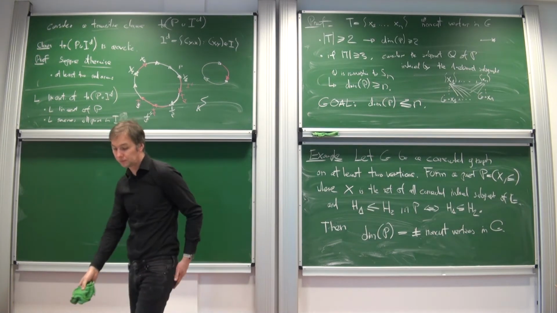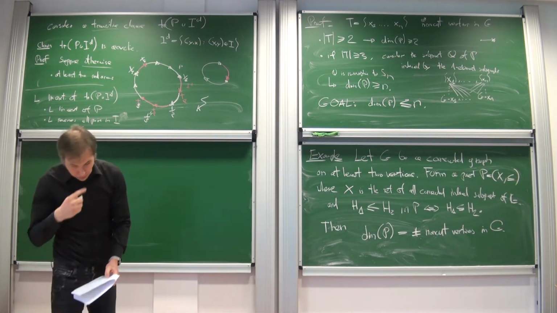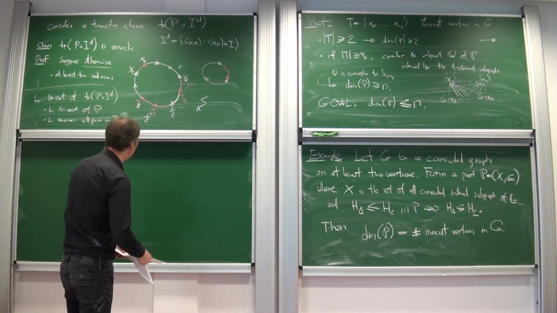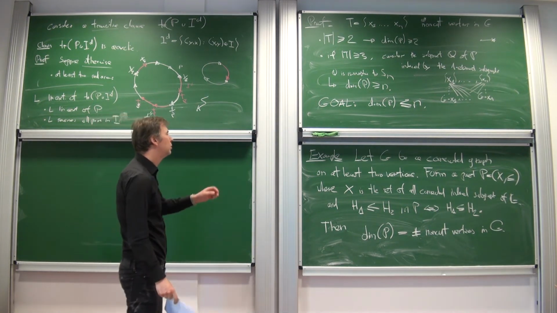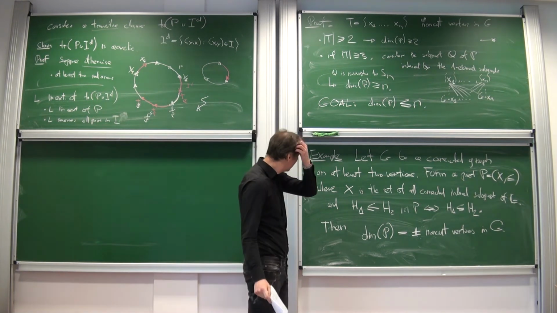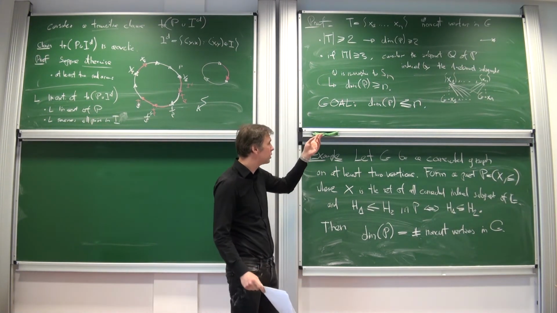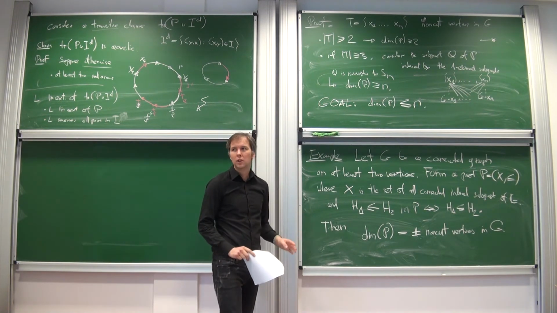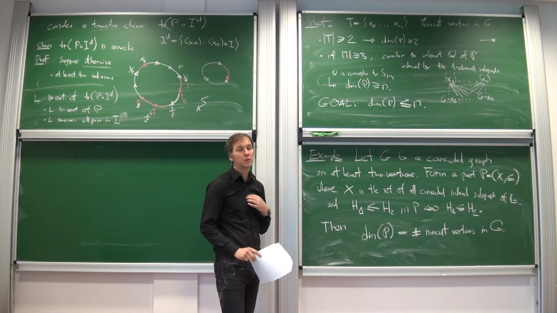What do we do? Well, we want to show that the dimension is bounded. We're going to partition the set of incomparable pairs of our poset into blocks. Each block will be reversible.